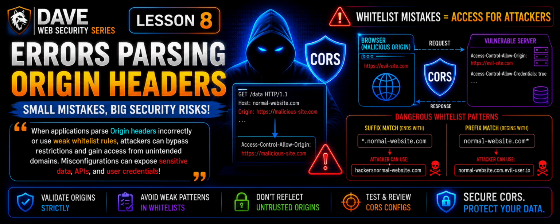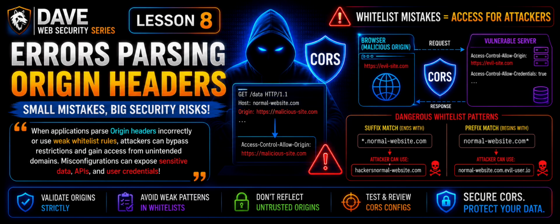The application checks the supplied origin against its list of allowed origins and, if it is on the list, reflects the origin as follows: HTTP/1.1 200 OK, Access-Control-Allow-Origin: https://innocent-website.com.